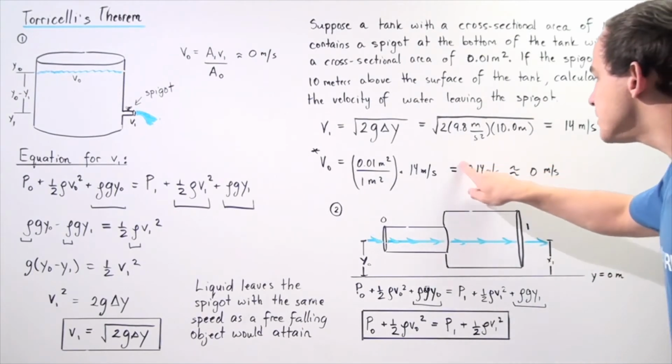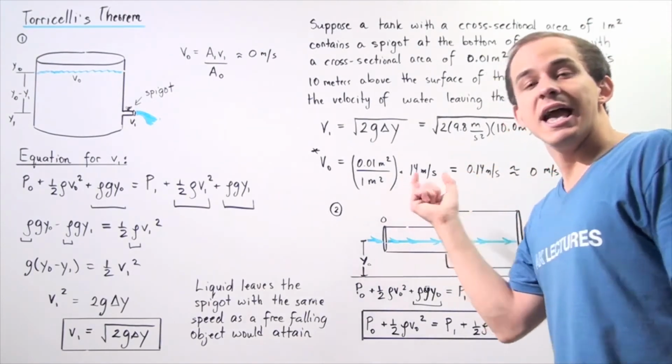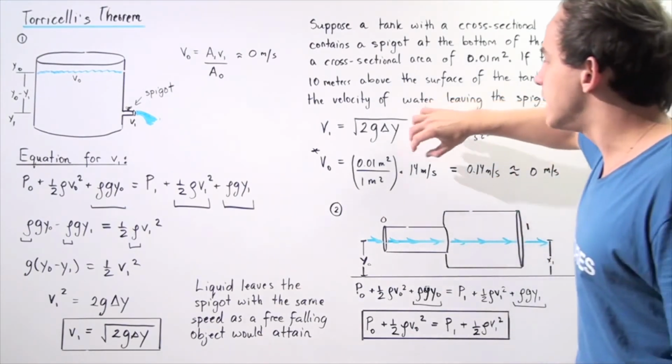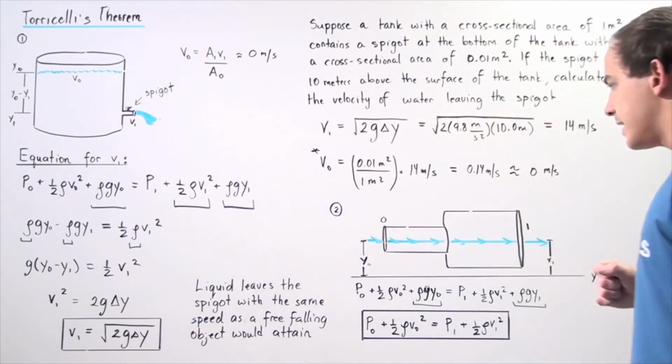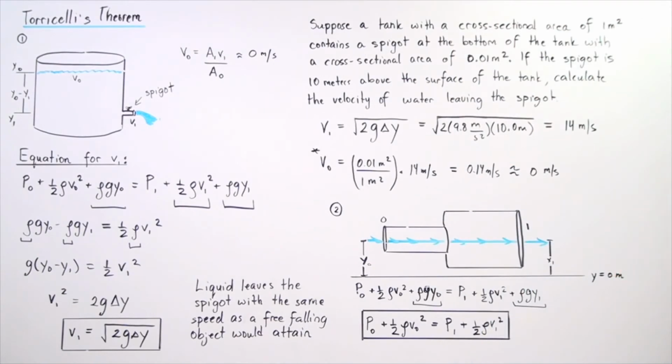So notice this quantity is much smaller than this quantity, and that's exactly why we can approximate this quantity to be close to zero, because the number is very close to zero and it's much smaller than the velocity of the fluid in the spigot. So we see that this assumption in fact is a very good assumption.